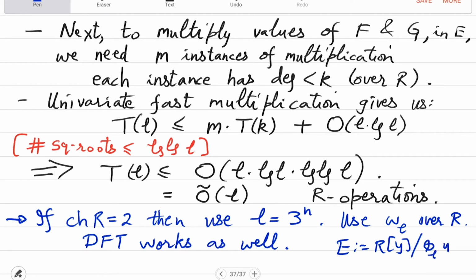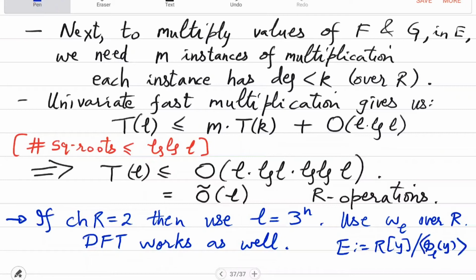You do this. Have you seen assignment number 1? In assignment 1, there is a family of polynomials called cyclotomic polynomials. So this phi sub L, in fact phi sub n for any n is defined there, even for composite n.